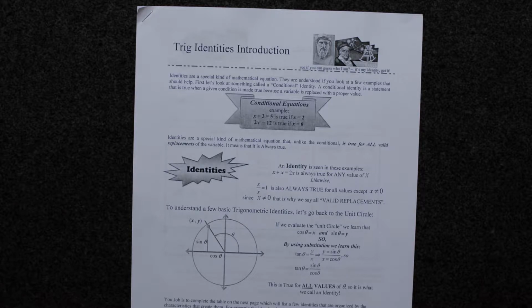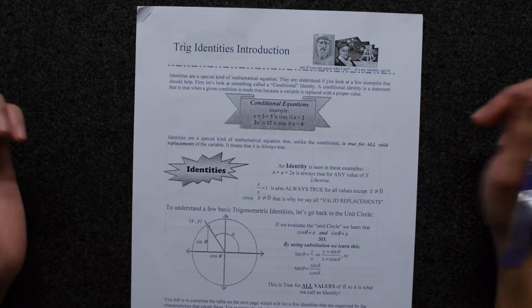Cosecant of theta is equal to r divided by y, right? So once again, basically the reciprocal of y. So sine of theta is equal to the reciprocal of cosecant theta. This is something that you guys should already know that we covered in class a few lessons back.